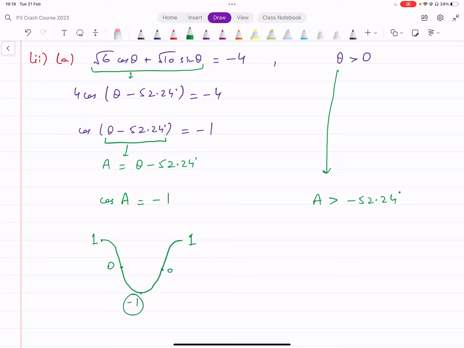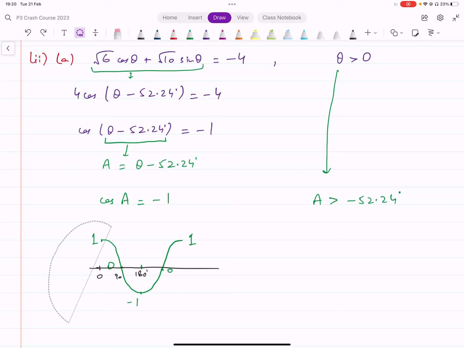When is the value equal to minus 1? It's in the middle here. The x-axis starts from 0, then 90, and at 180, you get a value of minus 1.